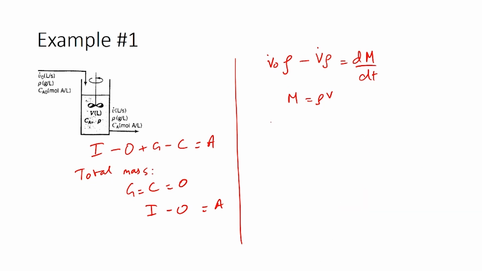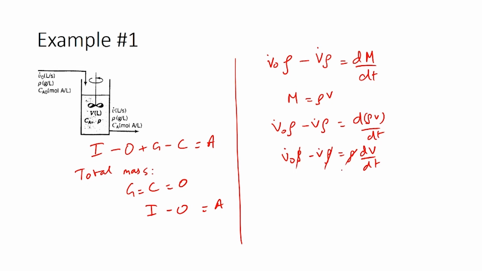So, now the equation becomes V naught dot rho minus V dot rho equals d(rho V) by dt, where rho is actually a constant, so it can be taken out of the differential. It will become rho dV by dt equals V naught dot rho minus V dot rho.